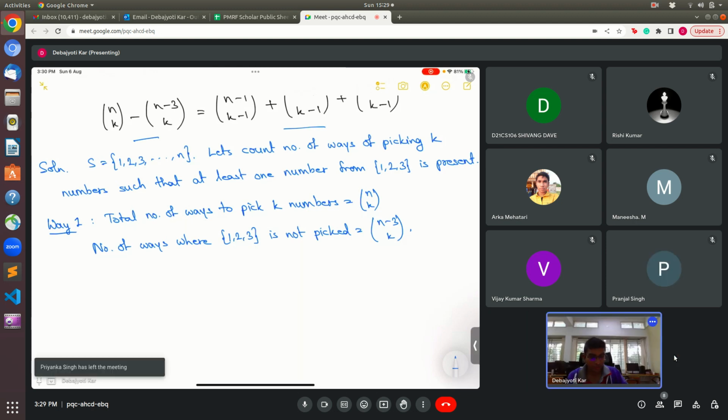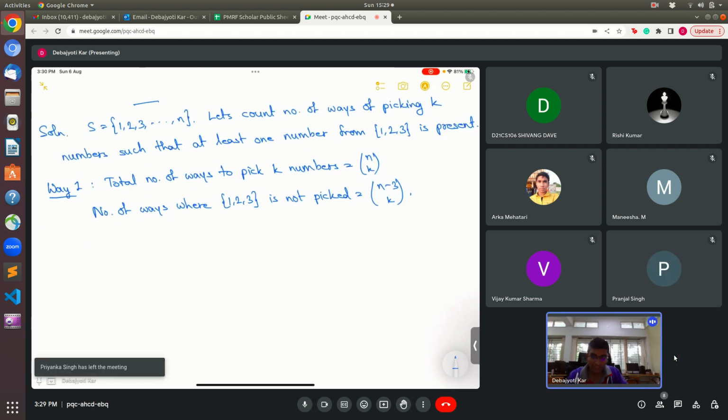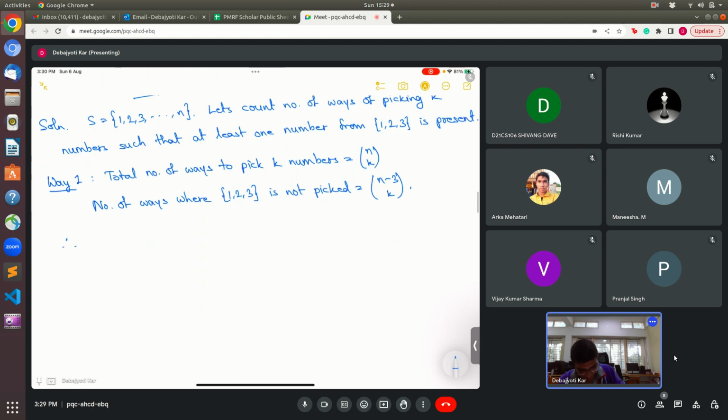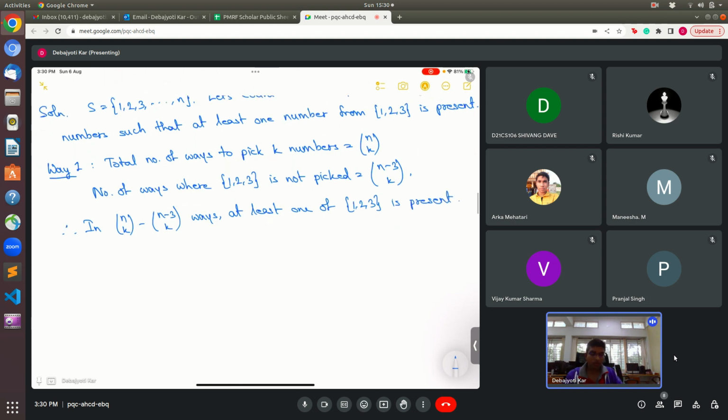So in the remaining n choose k minus n minus 3 choose k such pickings, at least one of the numbers 1, 2, 3 is present. Okay, so this is one way of counting.